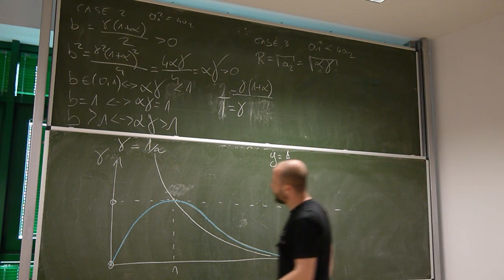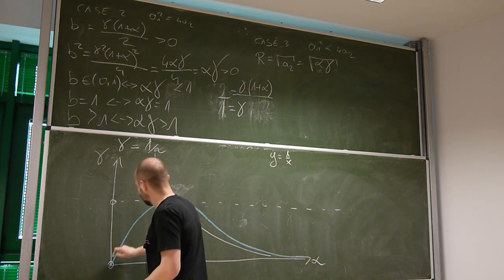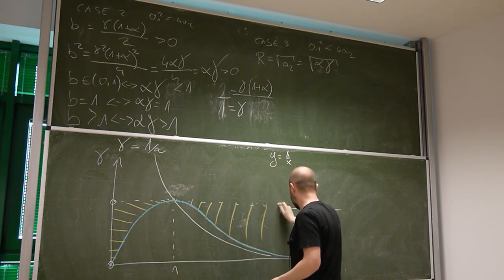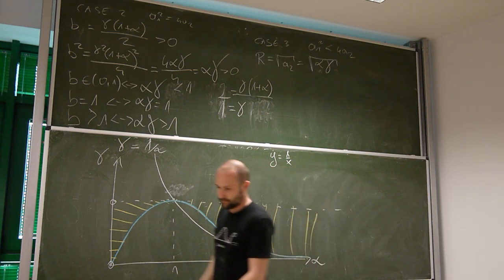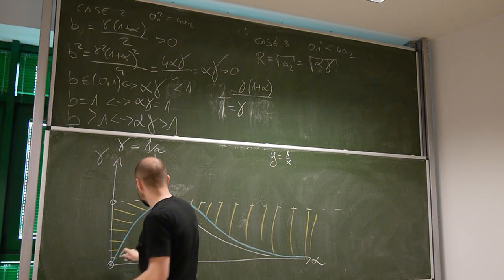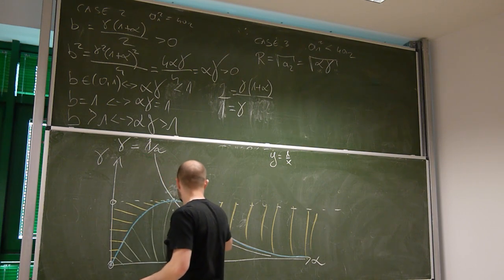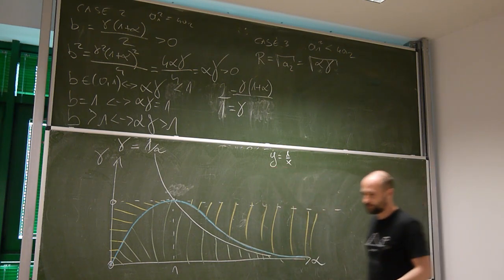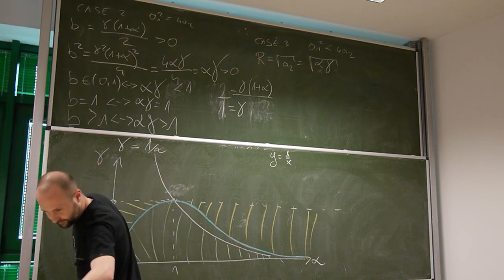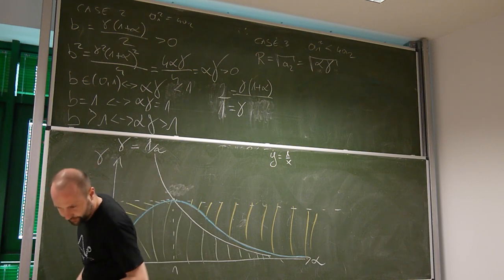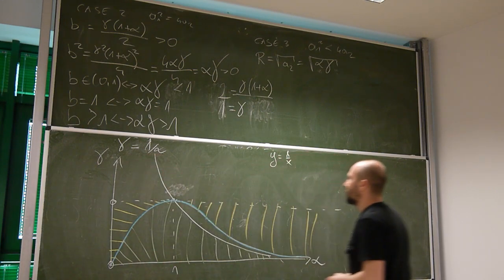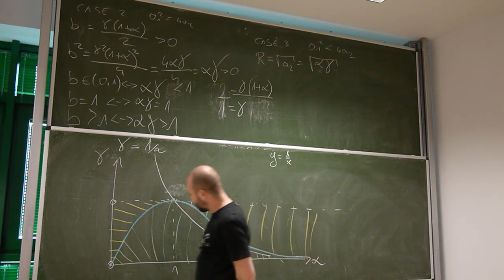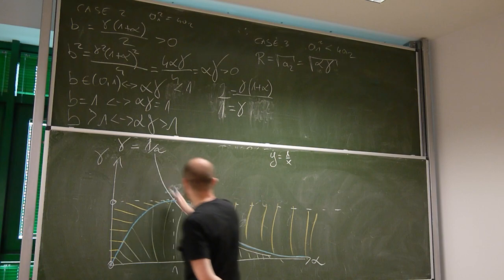Now, if we are over here, let's just say here, these are distinct roots, and these are complex roots. Now, let's just say that a purple color will denote convergence. So, we will have convergence if we are below this line.